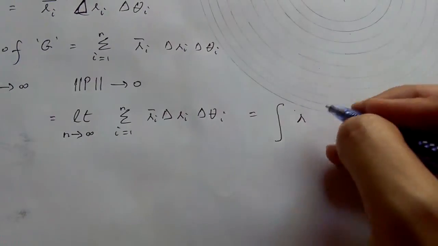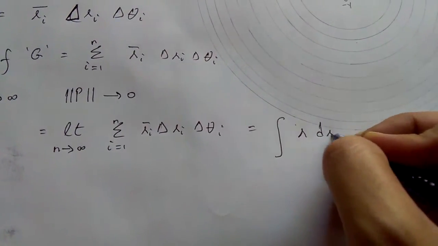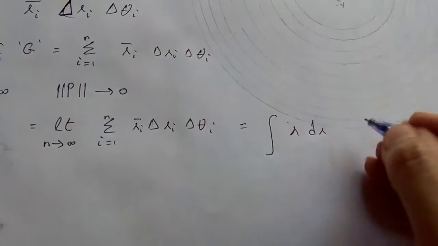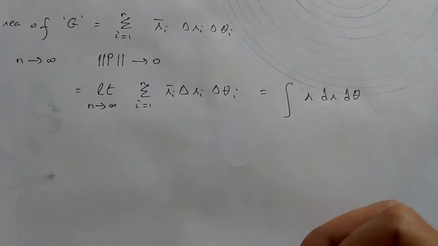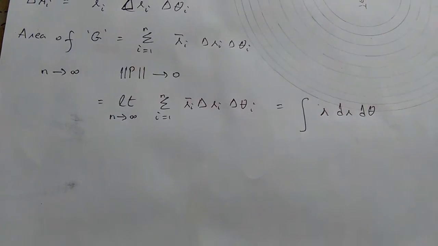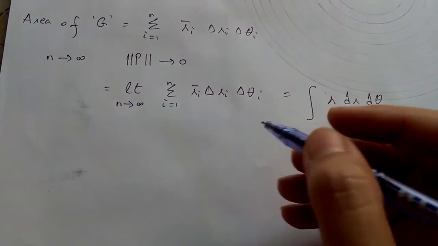Del r_i will be represented by the differential of r, and del theta is going to be represented by the differential of theta.